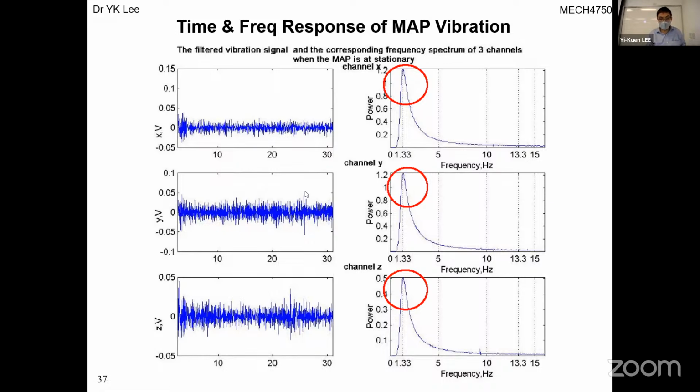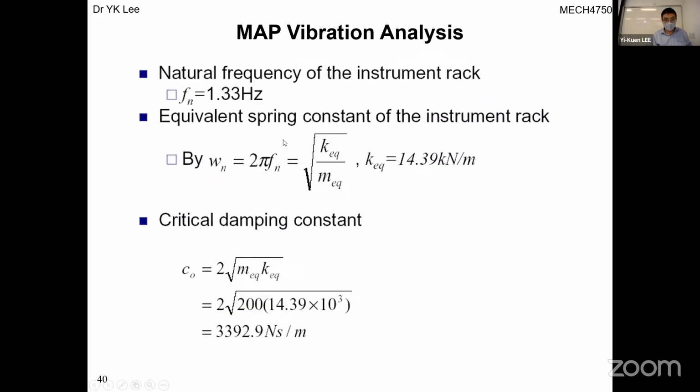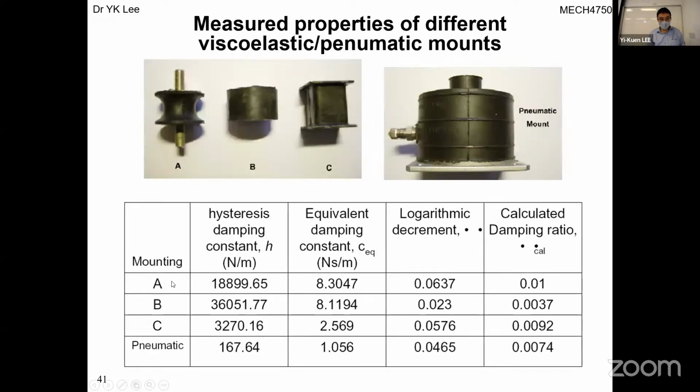Once we measure the frequency response function, we can analyze it and identify the natural frequency, right? And if you know the mass, we can use this to simplify to a 1D model to estimate the equivalent spring constant, and also determine our critical damping constant.